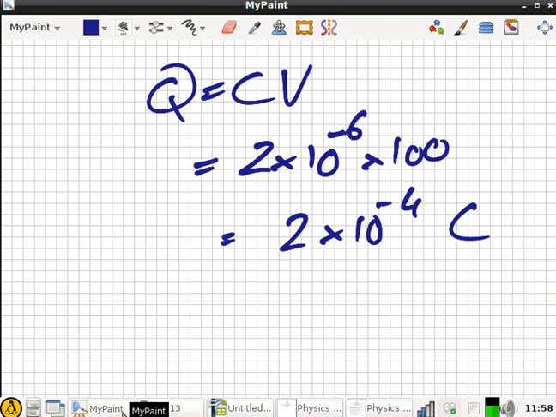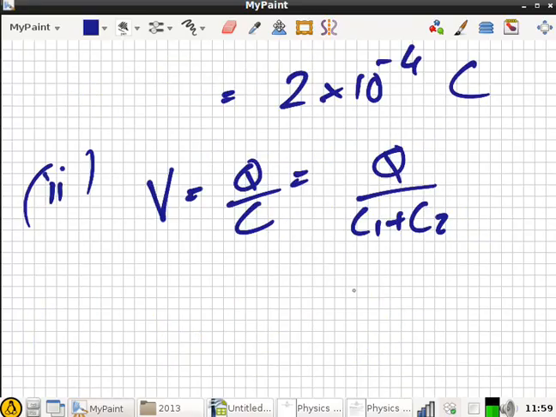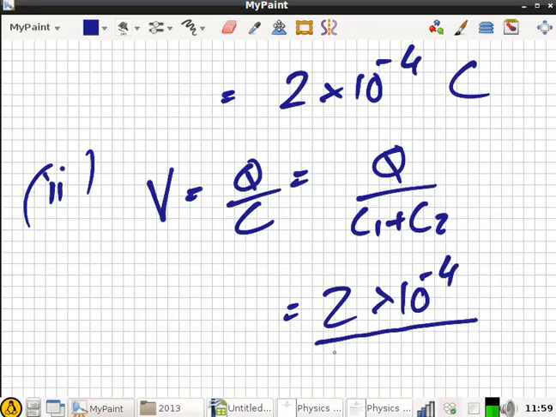So that's part 1. So part 2. V equals Q over C, but here it's Q over C1 plus C2, which is 2 times 10 to the minus 4 over, what was C1 and C2?